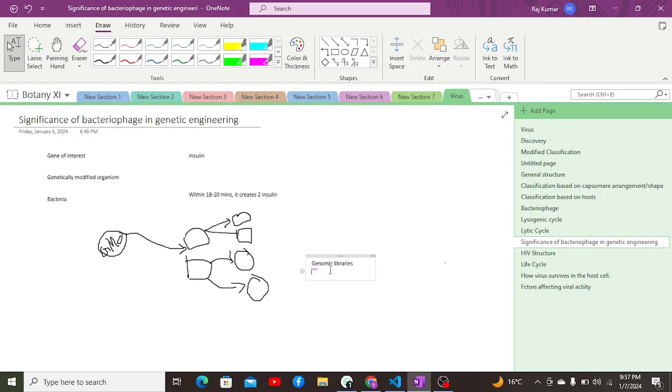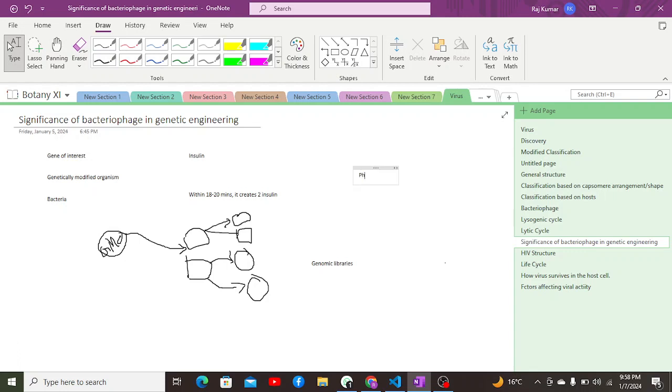Then it will include bacteria and bacteriophage which have several copies of different types of genes of the human cell, as a result of which these genomic libraries are further utilized for making products, among which an example is insulin, and other types of products can also be obtained.